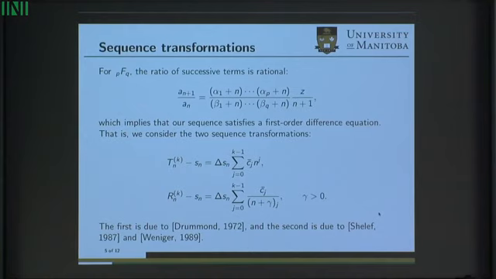It turns out that this first transformation was due to Drummond in 1972, which predates the theory of Levin and Sidi. And the second is due to Shalev, who was a master's student with Sidi, and due to the law of eponymy, Weniger's work on it is known in the literature as Weniger's transformation.